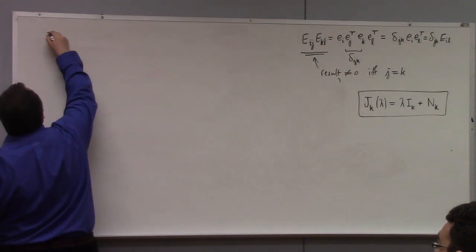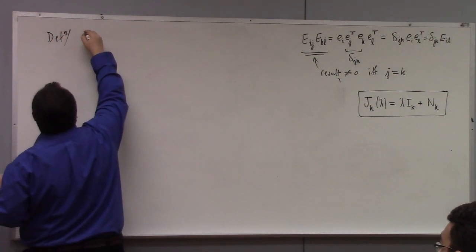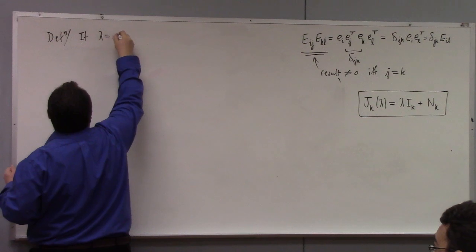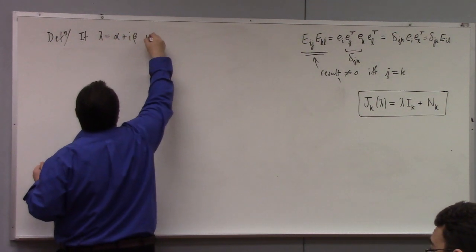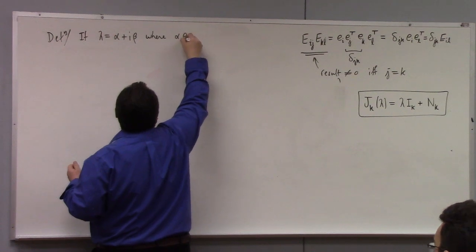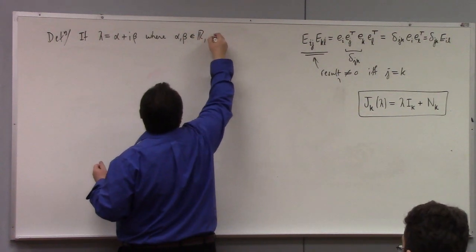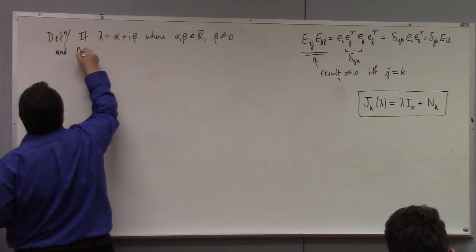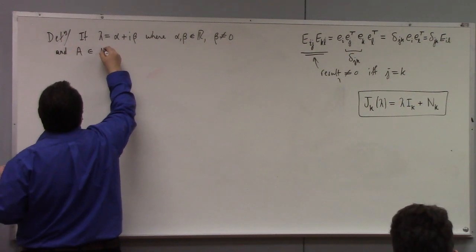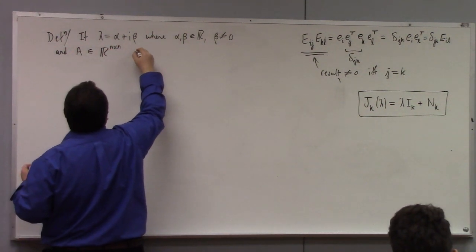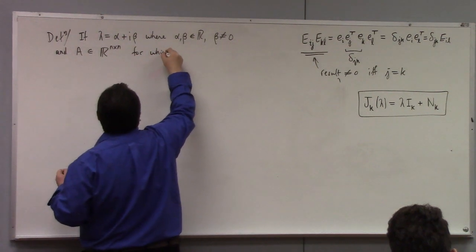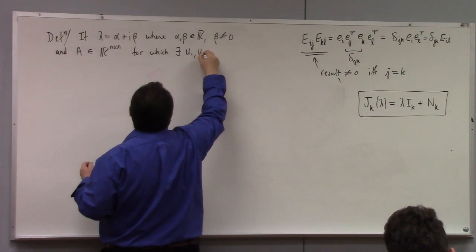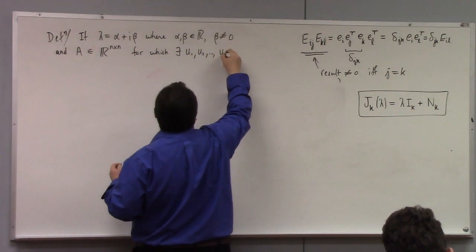So definition, if lambda is equal to alpha plus i beta, where alpha and beta are real numbers and beta is not equal to 0, and A is, let's say, an n by n matrix for which there exist, let's say, u1, u2, and you know what?